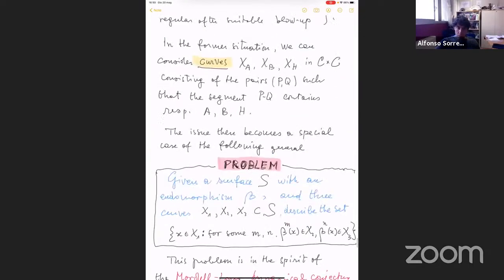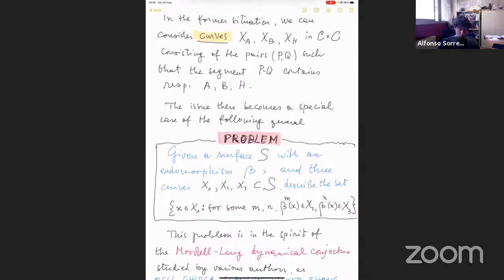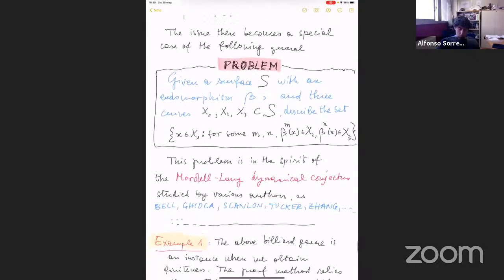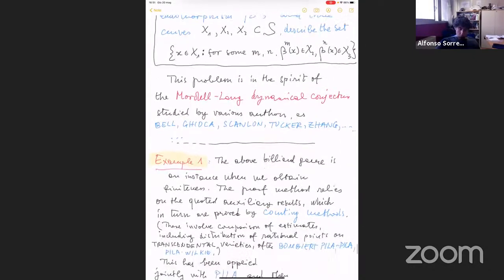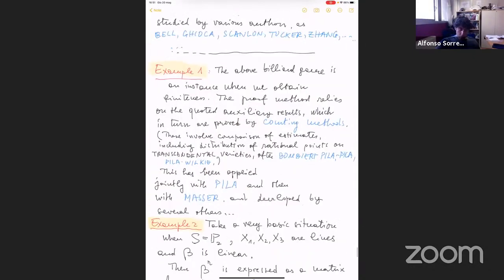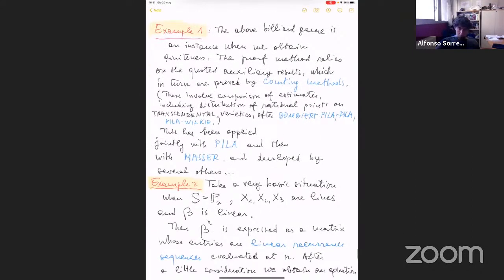But now that we have this general formulation of the problem, we may pick other special cases. So the first example is the one that we have seen.